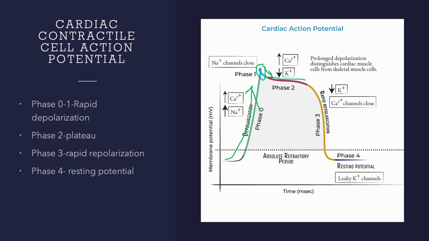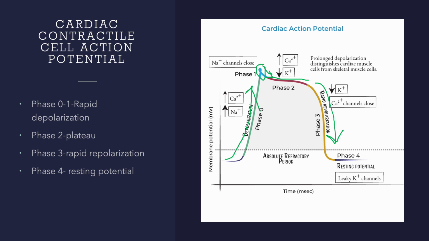And this is caused by a second influx of calcium ions, which are brought in by the activation of certain channels called L-type, that's long-lasting. They're very slow calcium channels, in addition to a decrease in potassium permeability due to briefly opened transient potassium channels and leaky potassium channels. And finally, we have this rapid repolarization phase, which is caused by the inactivation of calcium channels as well as delayed activation of ordinary voltage-gated potassium channels.